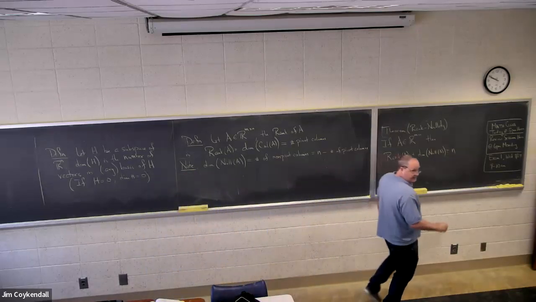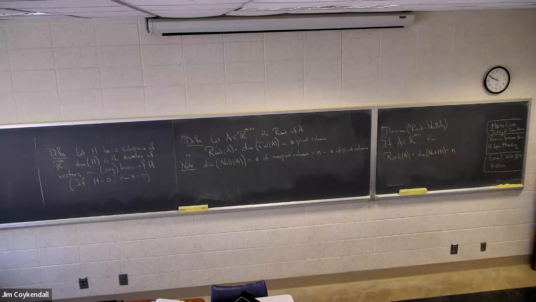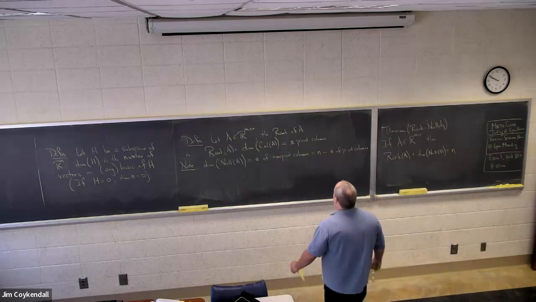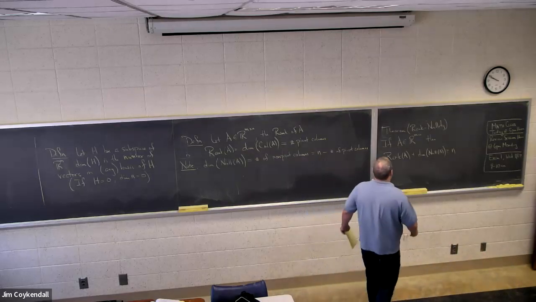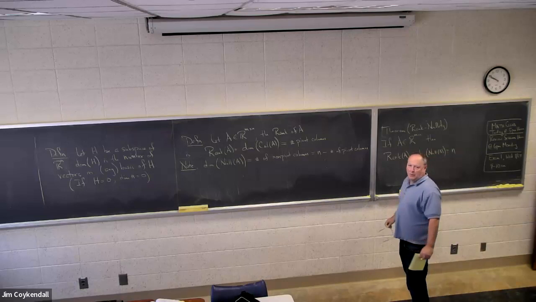Why does the dimension of the column space get its own function, rank, but the dimension of the null space of A is nothing? So the question is why is the dimension of the column space given the title rank, right?